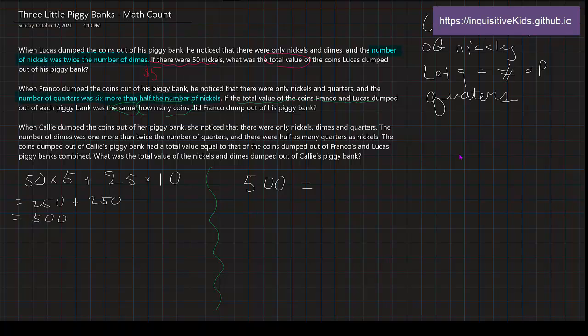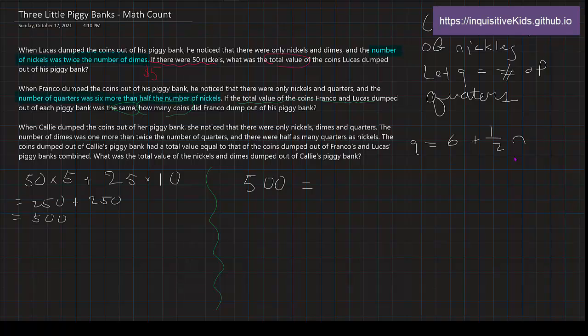Now we can write an easier equation. We know that the number of quarters was 6 more than half of the number of nickels. So q equals 6 plus 1/2 of n.